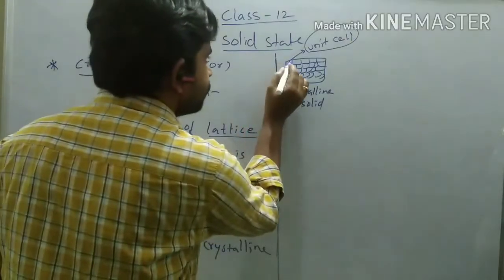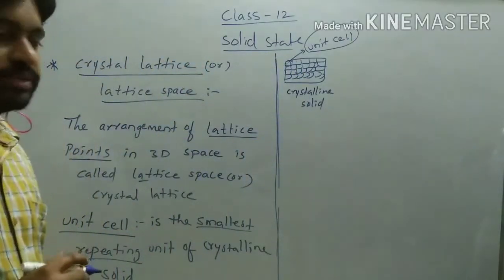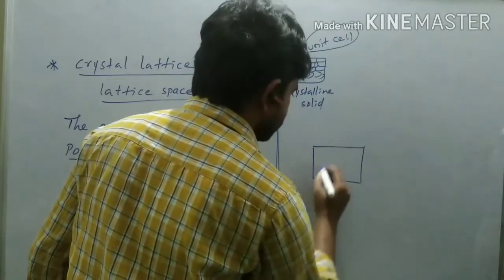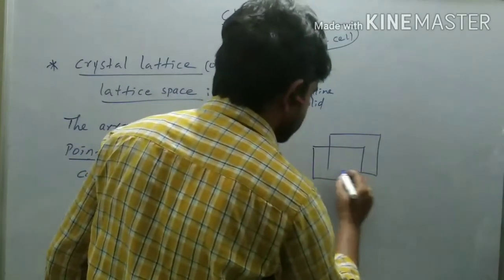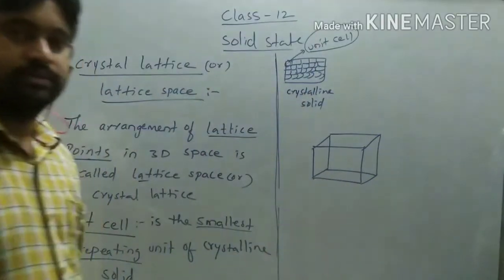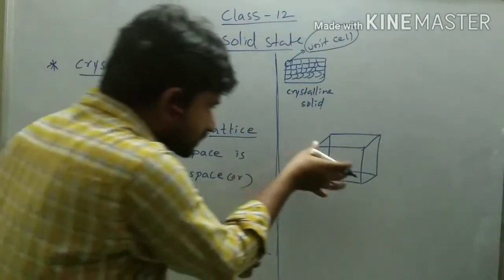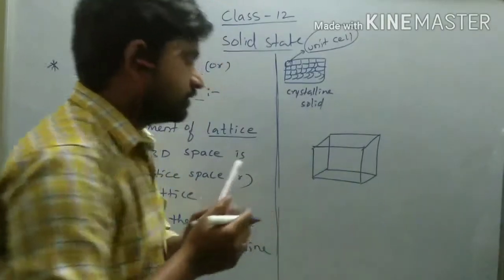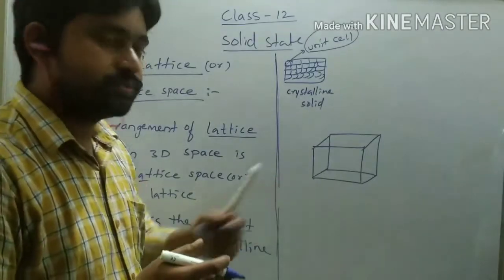I am picking one unit cell from this crystalline solid, and I am drawing it here. This is the unit cell. Now we will discuss this unit cell.